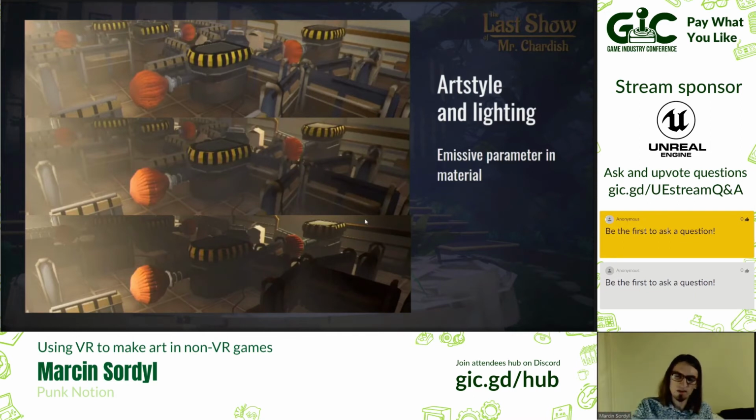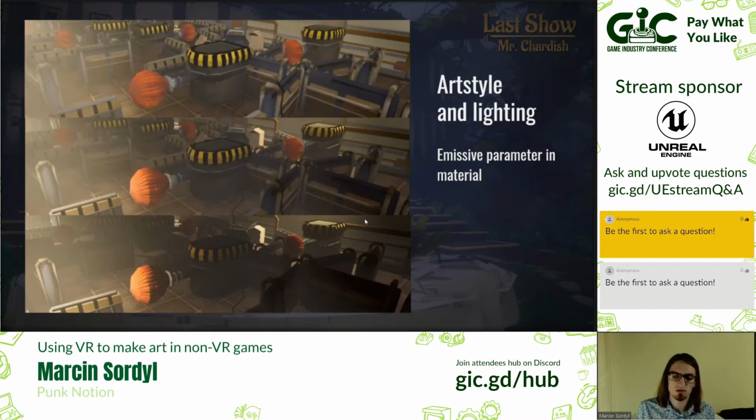On that screen, you can see on the top the full unlit material, and at the bottom the full material without unlit, just reacting to the light. In most cases, we try to keep the balance in the middle, like you can see on the screen in the middle.